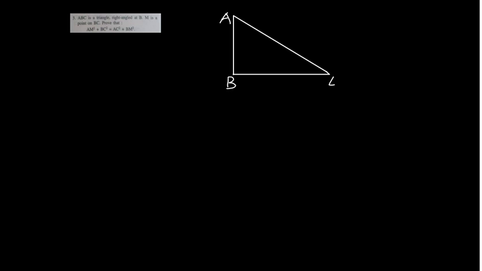So join A and M. So here AM square is equal to AB squared plus BM squared. So in the final answer you got AM square and BC squared. So you write it as AB square is equal to AC square minus BC square.